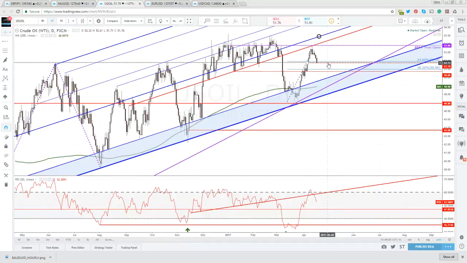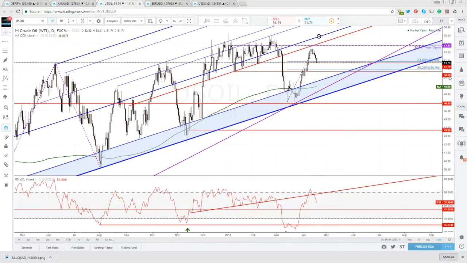Well, either this is support, like I said, daily reversal level. I don't like that it's not really close to a fib level. 23.6 is not that important. Yeah, probably 50.